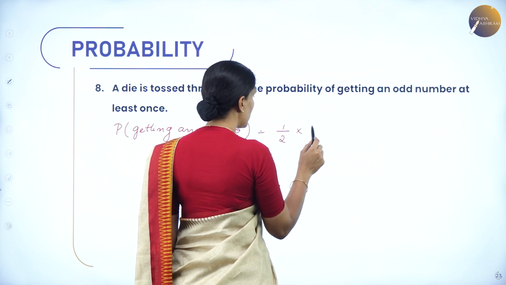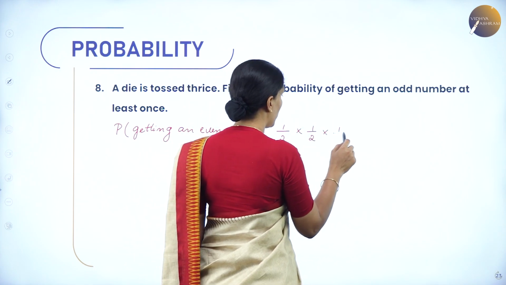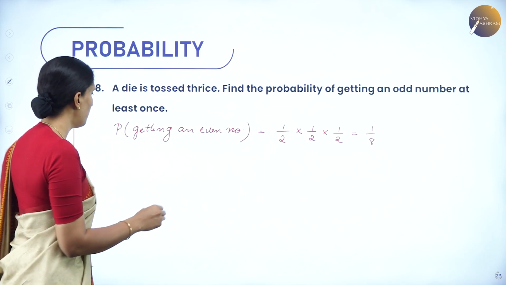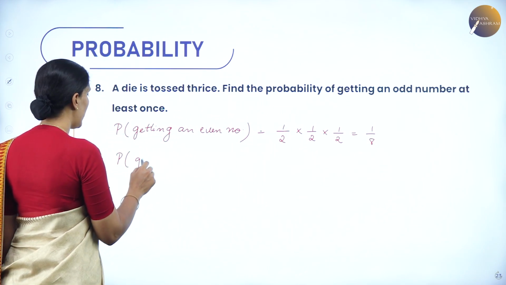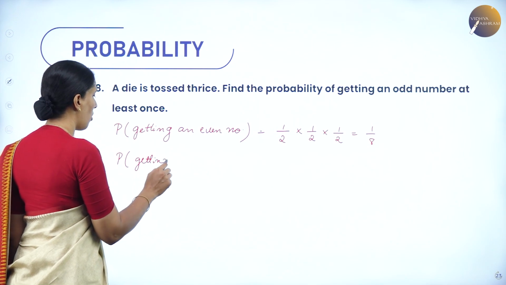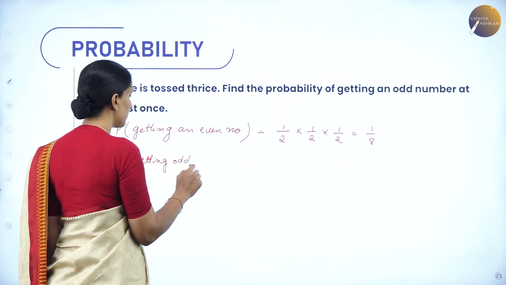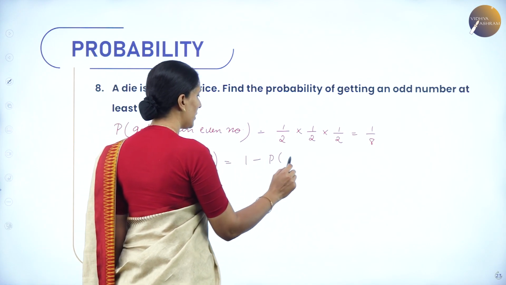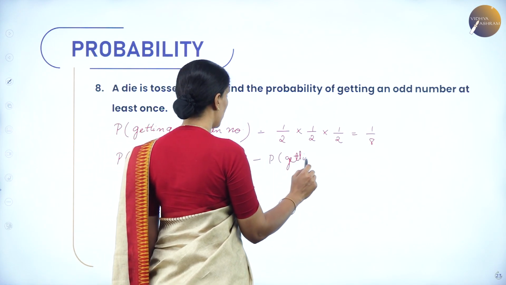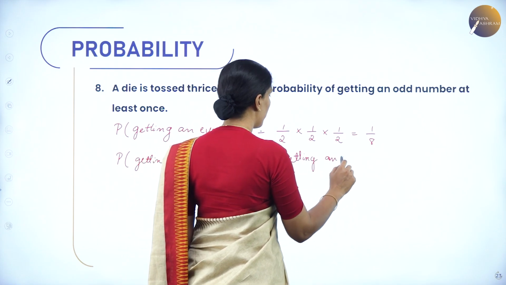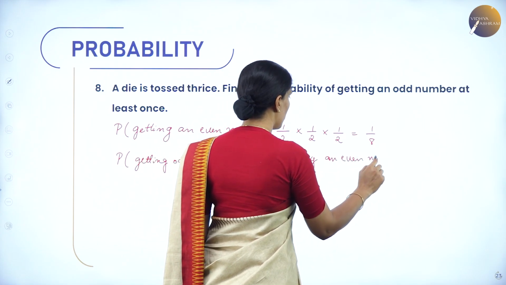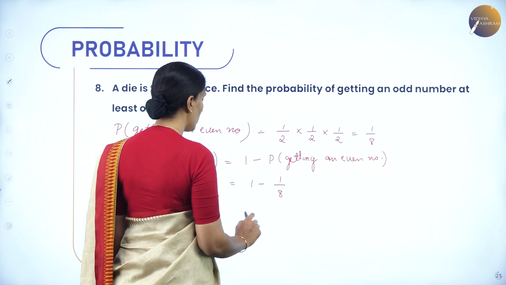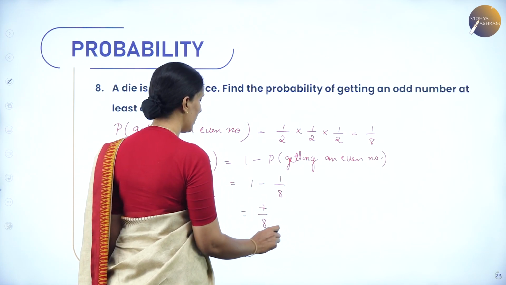So thrice means it is 1 by 2 into 1 by 2 into 1 by 2, which is equal to 1 by 8. Now the probability of getting an odd number is the complement of the probability of getting an even number. So this is equal to 1 minus 1 by 8, whose value is 7 by 8.